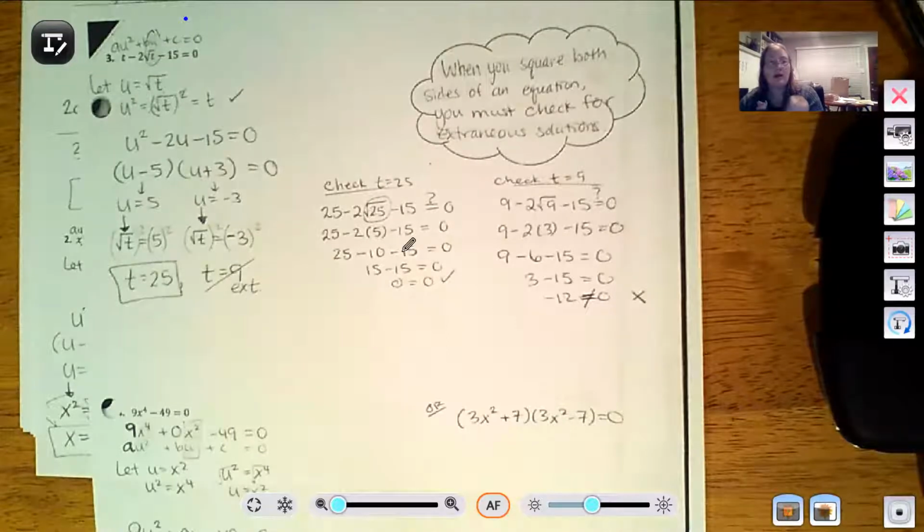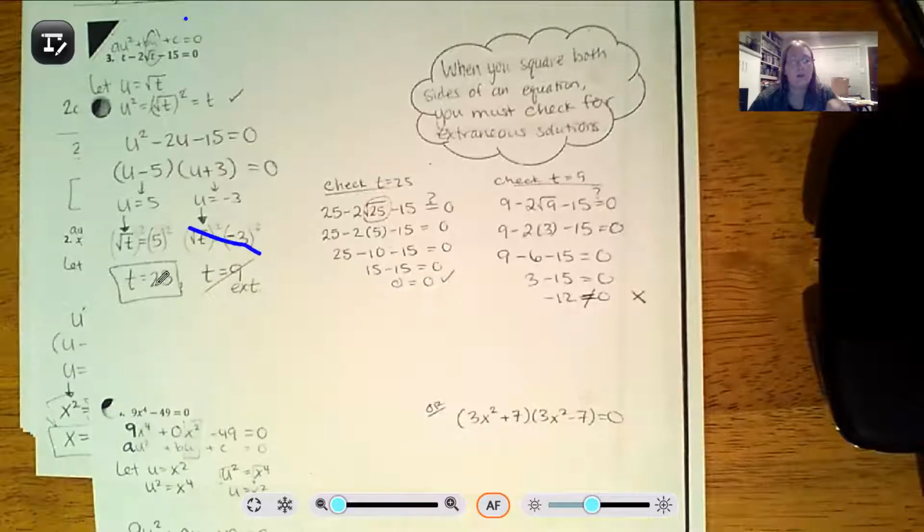So when I check, I realize that it doesn't work for 9. That's an extraneous solution because negative 12 does not equal 0 when you plug it in the original problem. The shortcut is also to recognize a square root cannot be a negative. So even without checking, I would have known this doesn't work. I could have stopped right here and then just had this one to check.